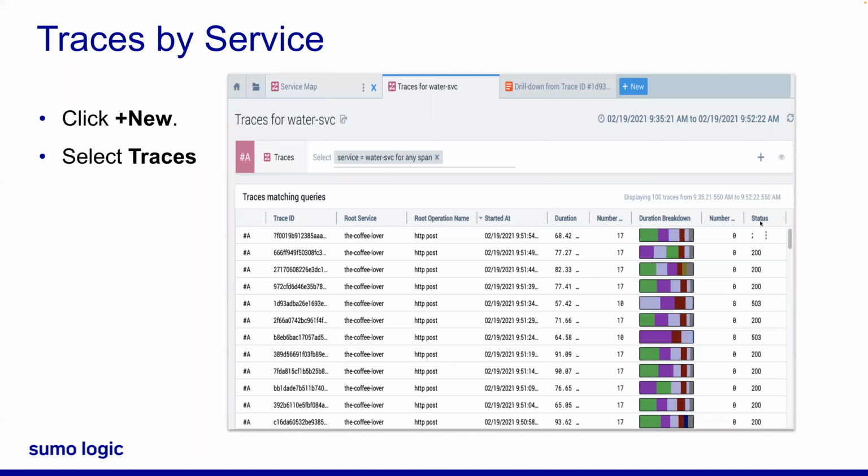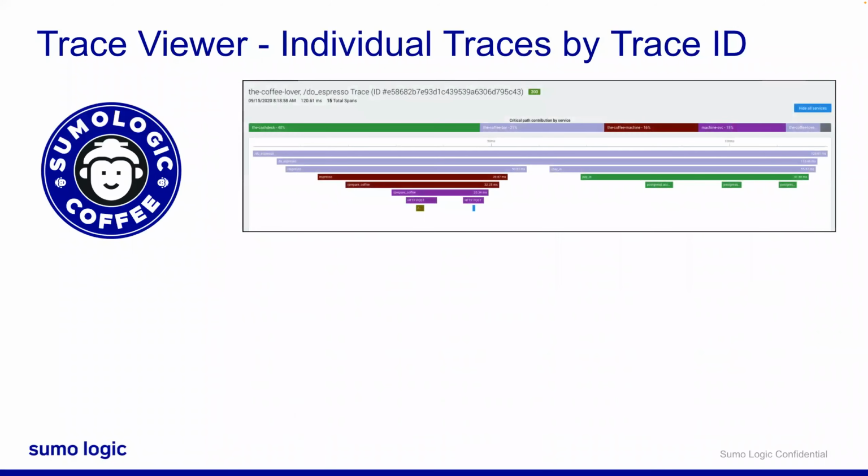We see status. It's actually going to be represented a little bit different on your screen, but it's going to give us an indication of whether the transaction was successful or not. Ideally, all of them are successful, but sometimes they're not. What we're going to show right here is a trace viewed as a trace ID.